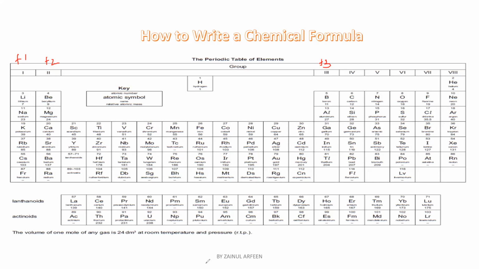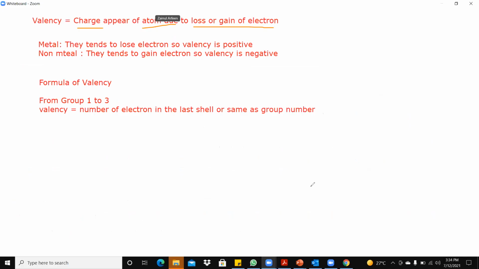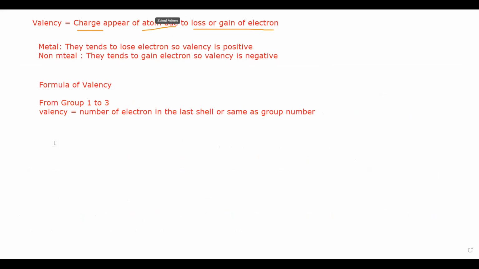The formula to calculate the valency for group 4 onward, from group 4 to group 8, the valency is equals to the group number minus 8.